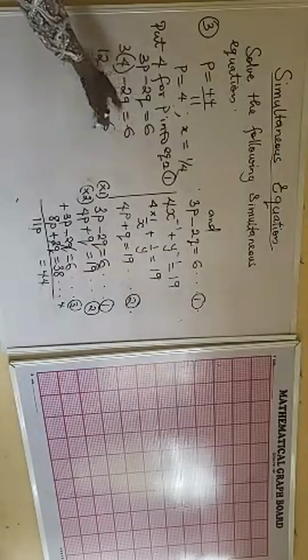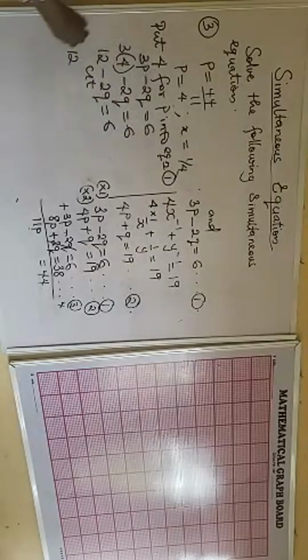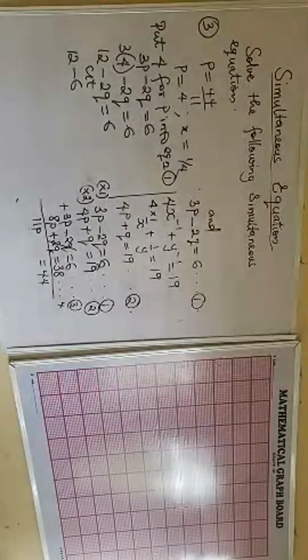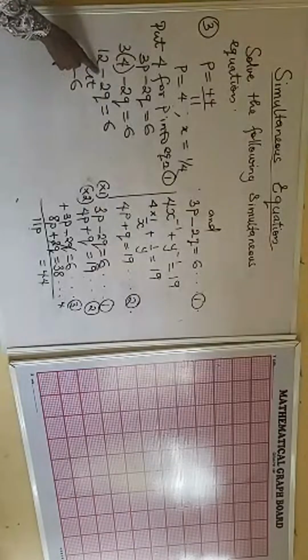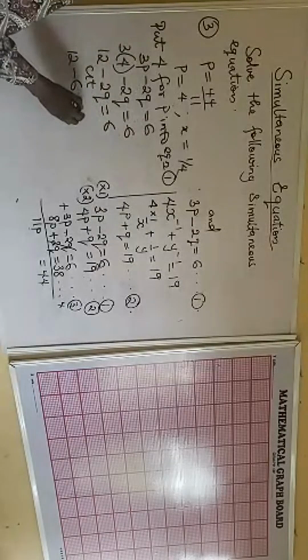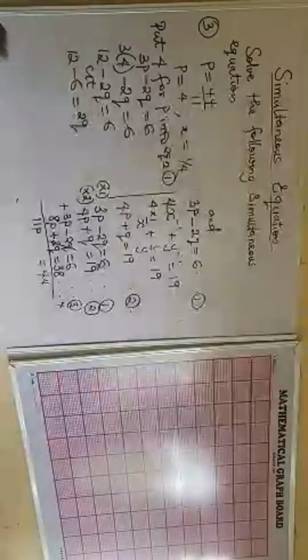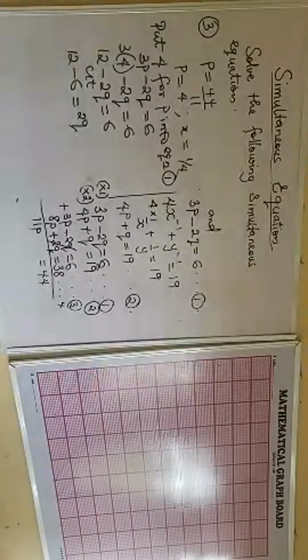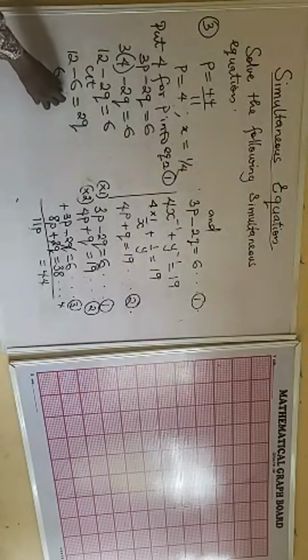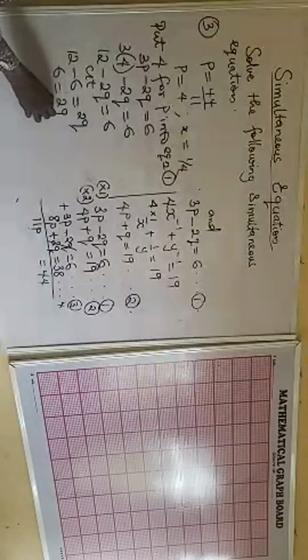When this positive 12 crosses the equal sign and comes here, it is minus 6. When minus 2Q goes there, it is equal to 2Q. Now, what is 12 minus 6? It is 6, which is equal to 2Q.